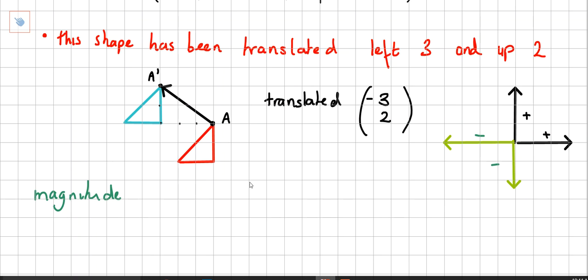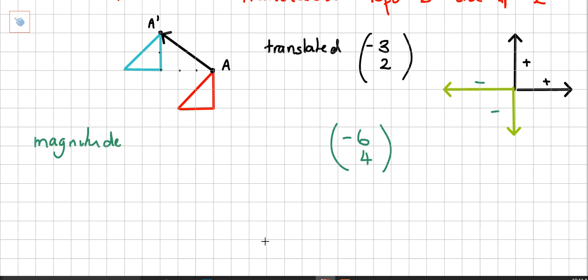Good job, yeah. It's still equivalent. So I would then be looking at doing a line. I've got to go -6 across, and then I go up 4, and there is my vector, right?